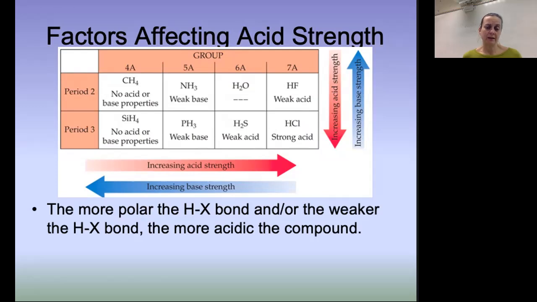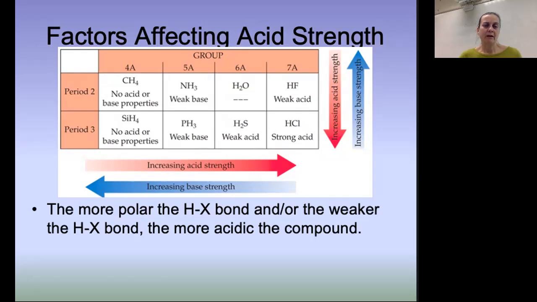So we have both of those factors being considered. Hydrogen fluoride is a great example. It's a very, very polar bond, but it's a really short bond, which means that it is a really strong bond. So strength trumps the polarity there, and hydrogen fluoride is a very weak acid.